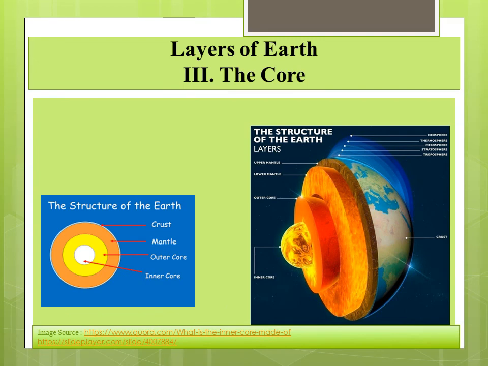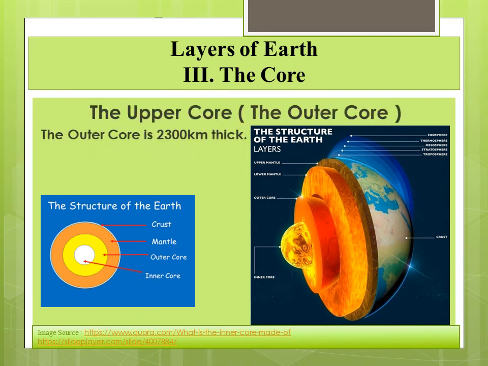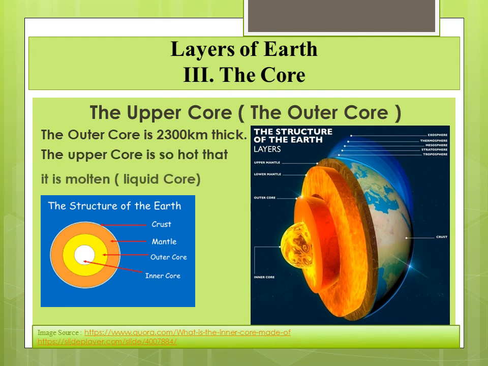Number 1, the upper core, or it is also called the outer core. The outer core is 2,300 kilometers thick. The upper core is so hot that it is molten or liquid core or fully liquid in form.